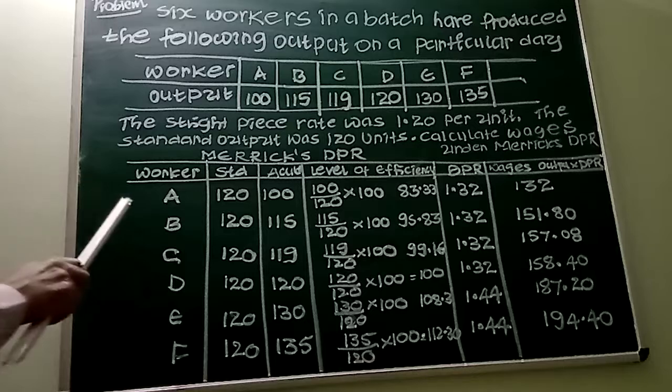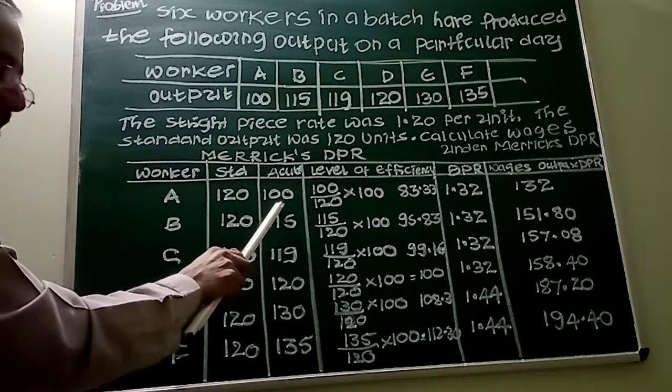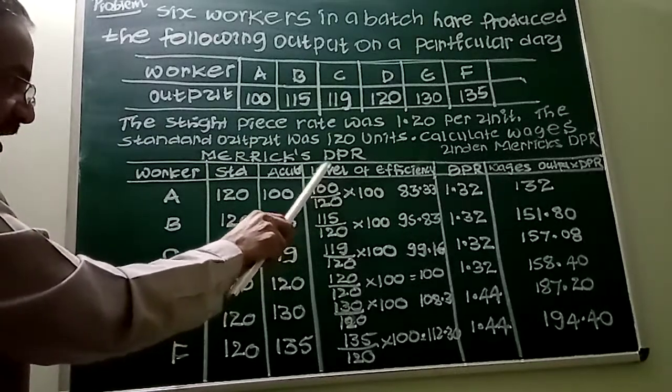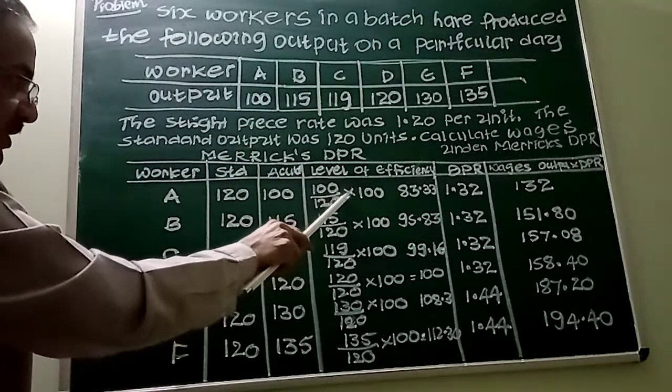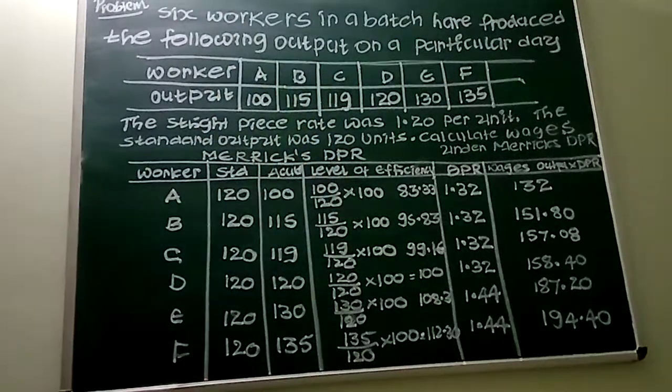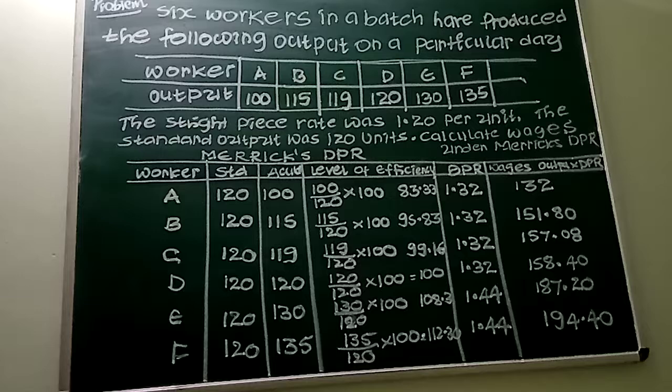Take for example A. A's actual output is 100, whereas the standard output is 120. 100 actual output divided by standard output into 100 is equal to 83.33. So he is above 83%.